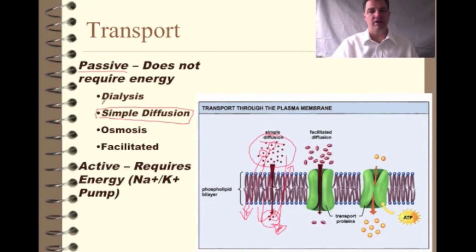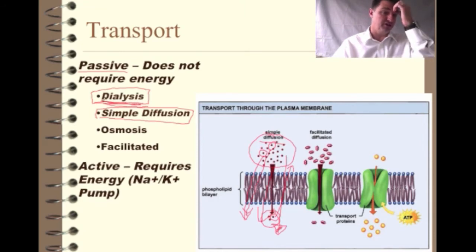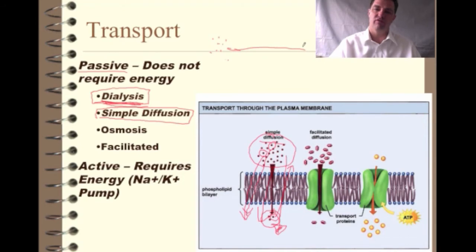Now, if a membrane is involved, this is a term you don't see very often in the books anymore. We use it in labs, so I'll point it out here. Dialysis, and you do hear about this when you think about kidney dialysis. When you talk about dialysis, you're talking about a membrane being involved. So simple diffusion can just be a gas going from one part of the room to another.